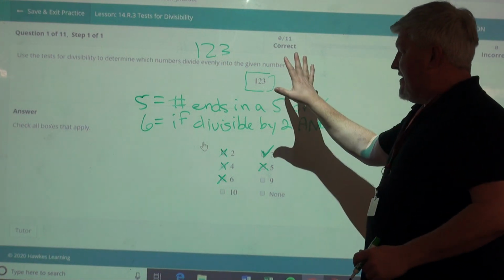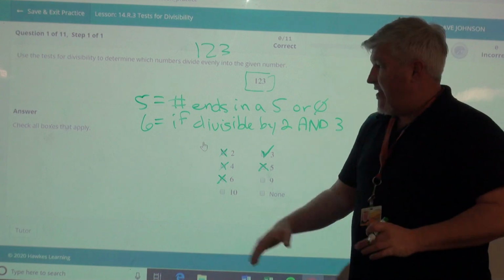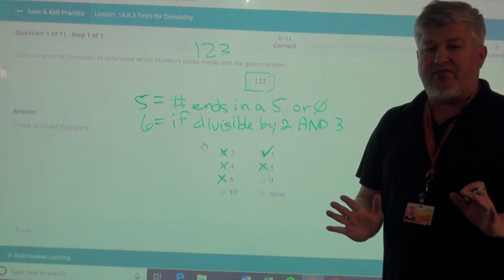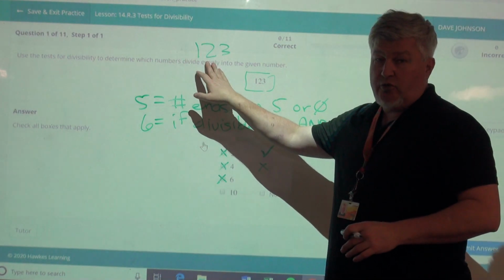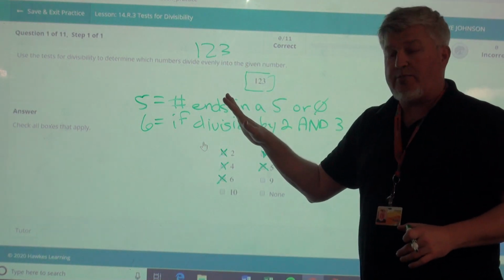Number 9 is the exact same thing as number 3. You add up the digits. If the sum of the digits is divisible by 9, then the whole number is divisible by 9. We did this earlier. 1 plus 2 is 3. 3 plus 3 is 6. 6 is not evenly divisible by 9.